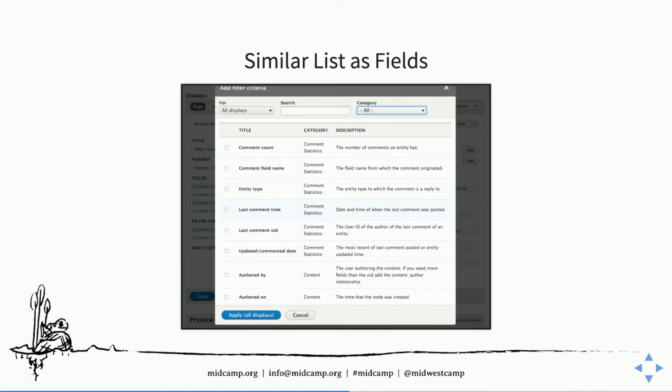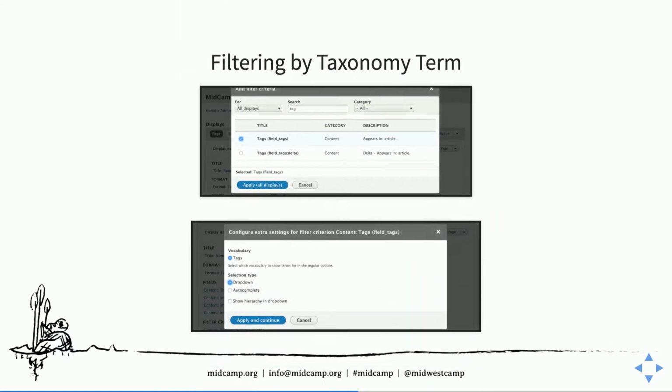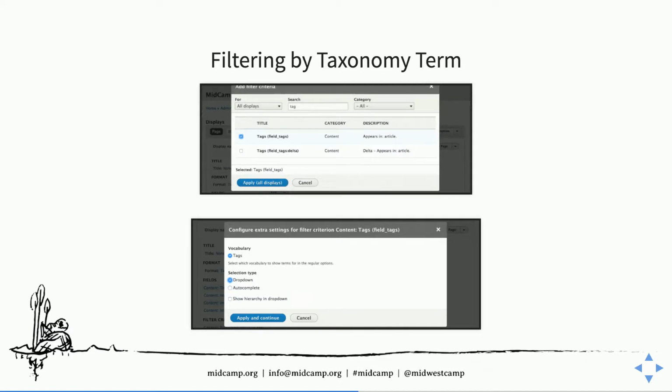It's a pretty long list. In this display, you can search for a specific field if you know its name, or filter the category to find what you want instead of scrolling or using the in-browser search. A lot of the same fields that we saw when we were adding fields are available as filters. Same thing, we select a checkbox next to one of them, and then we hit add.